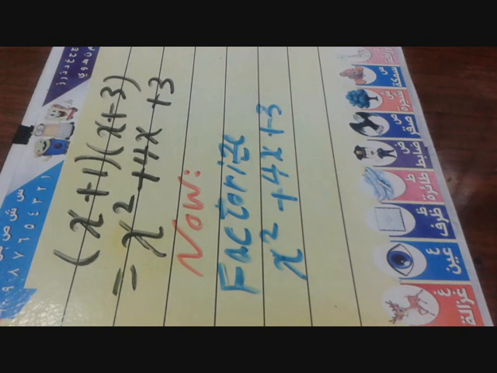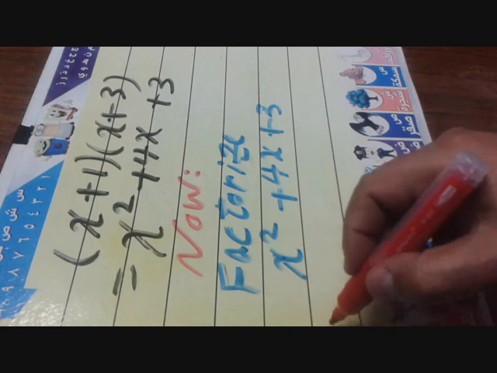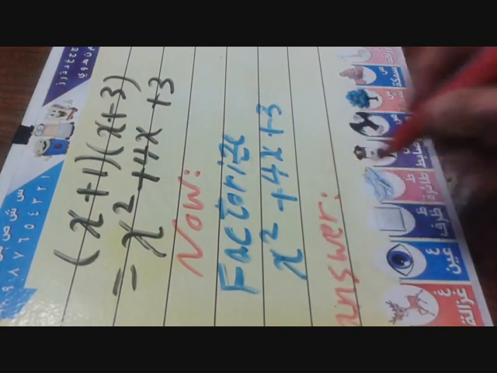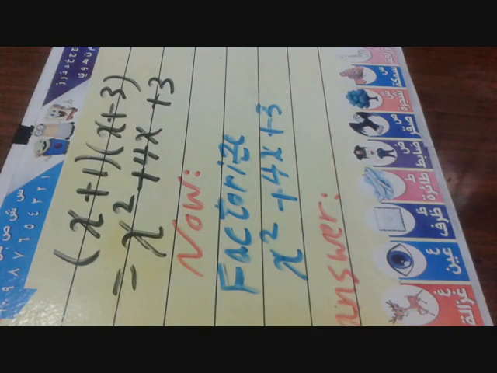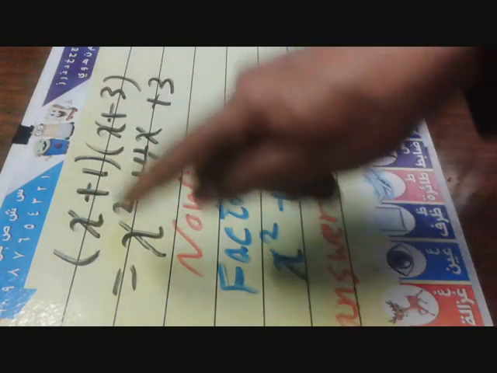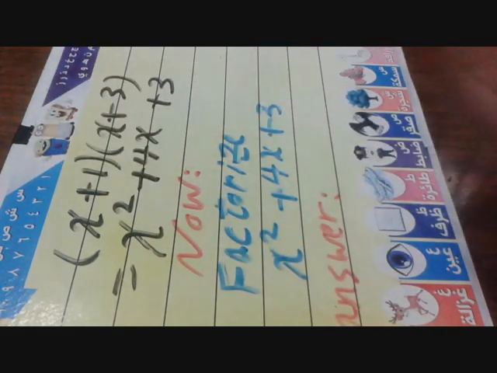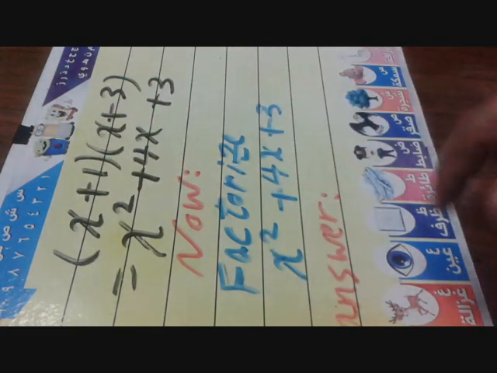The answer: according to this equals this, therefore this also equals this. Factorize this, we obtain this, x plus 1 times x plus 3.